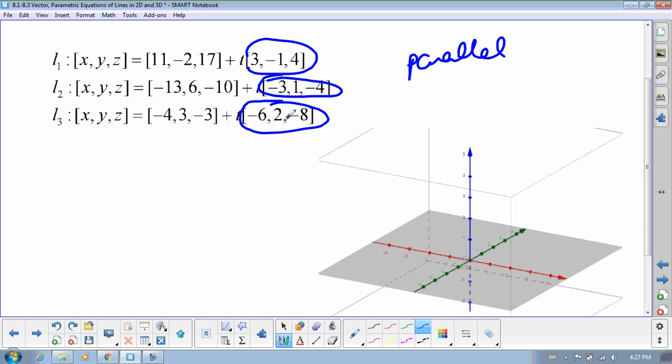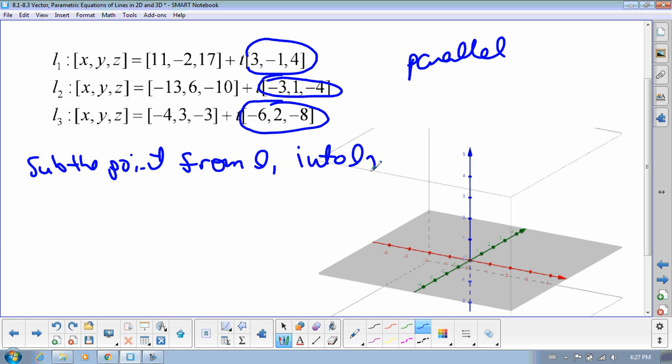So when I look at this first value right here, I'm going to take line 1. I'm going to sub the point from L1 into L2. So the point that I'm using is 11, negative 2, and 17. So that's the point from L1.